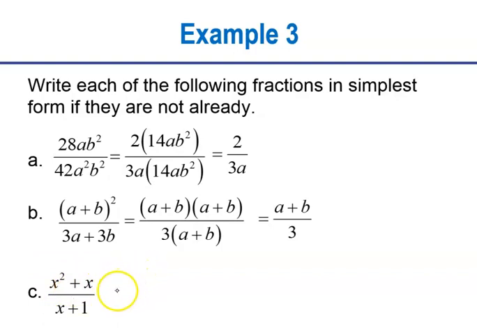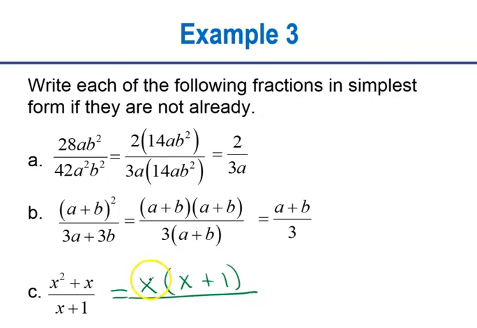Alright, so what I hope you notice is that the numerator, x squared plus x, has a common factor of x. So let's pull out that greatest common factor. I have x, and when I pull the x using the distributive property from x squared, that's going to leave me with an x. But now, think backwards, x times what is going to give me this x? That's going to be a plus 1. You see that?